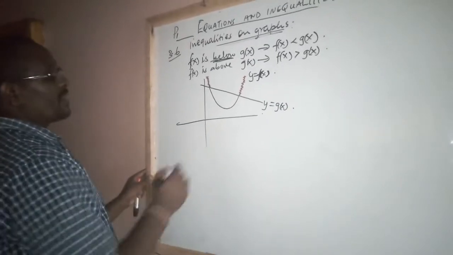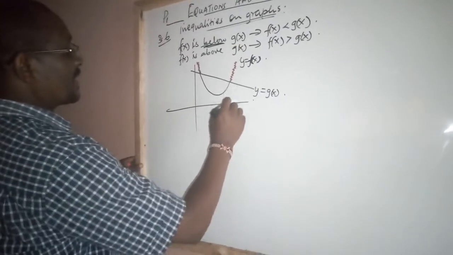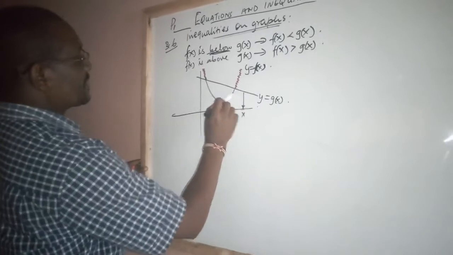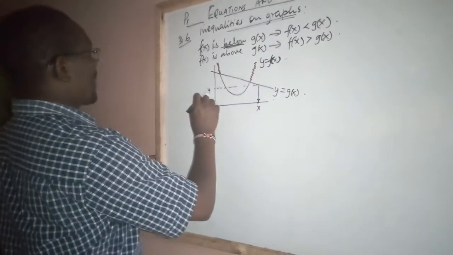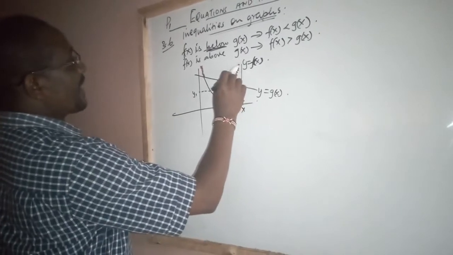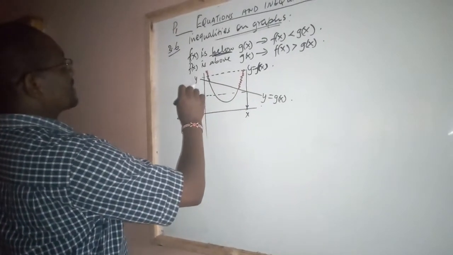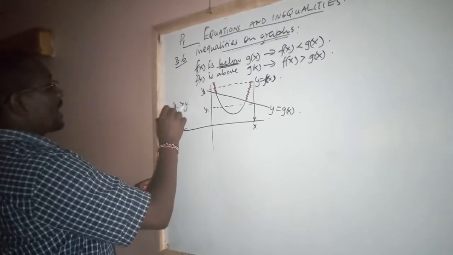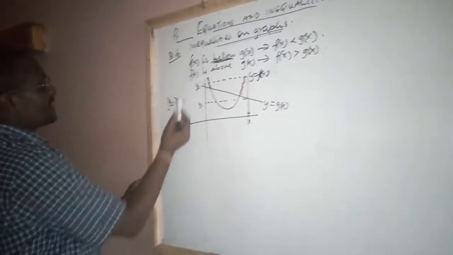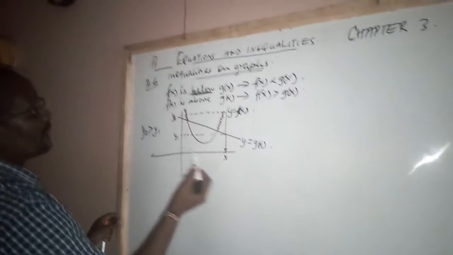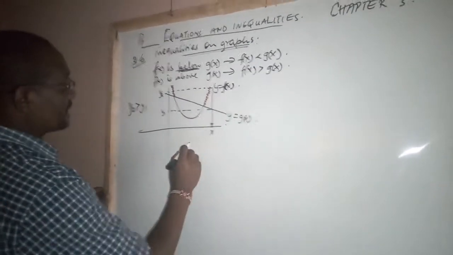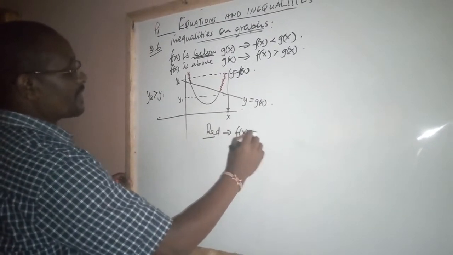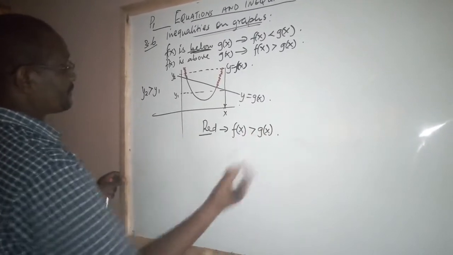For example, at a point x, the y value under g(x) is y1, and the y value under f(x) is y2. Since y2 is greater than y1, within the region marked in red we are simply saying f(x) is greater than g(x).